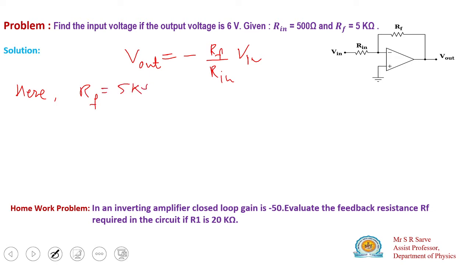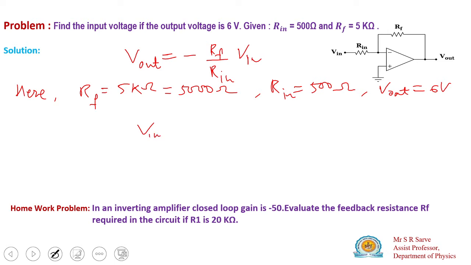Okay, so 5 kilo means it is 5000 ohm, right? And what is the input resistance? Here input resistance is equal to 500 ohm, right? And what is the output voltage? So output voltage is equal to 6 volt. So what you have to find out? You have to find out the input voltage.